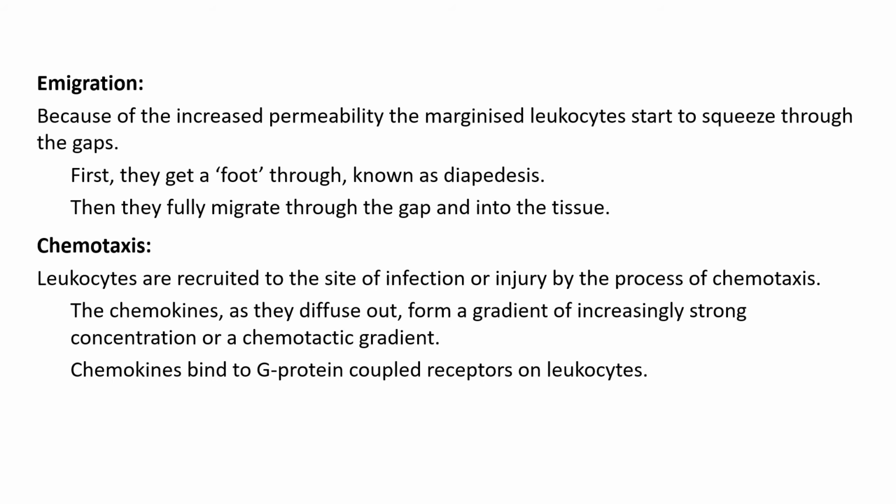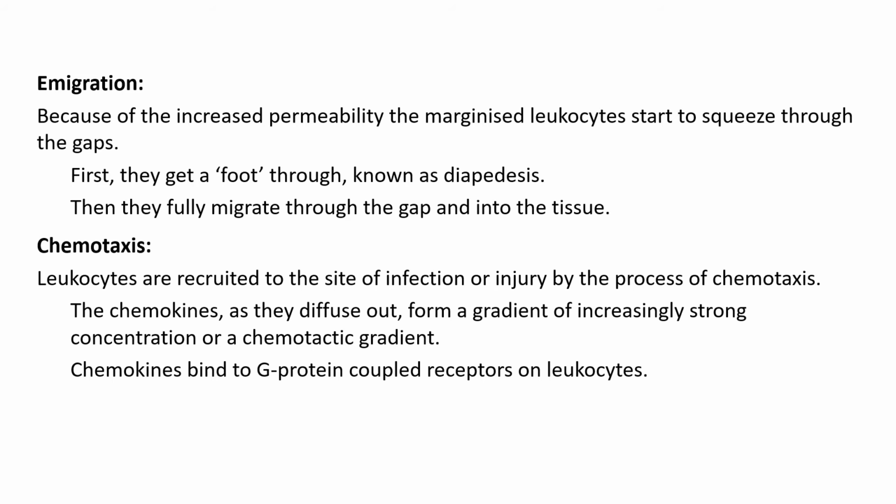It goes, okay, I need to go that direction. And it moves a bit closer. And another one binds to a receptor on its nose. It now knows it's going in the right direction. If it moved in the wrong direction, of course, it won't bind any chemokine. Oh, I've gone in the wrong way.